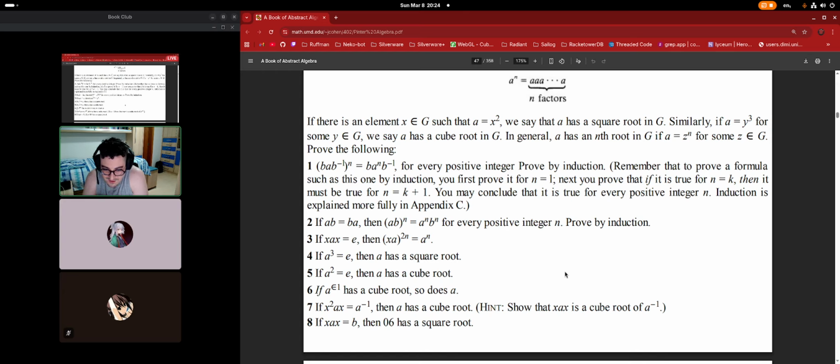But we haven't reached the square root part though. Why would that be a contradiction? Because if a cubed equals e, well, actually, I guess technically that can be true if a equals e. Yeah, that's kind of just a special case, but technically valid.